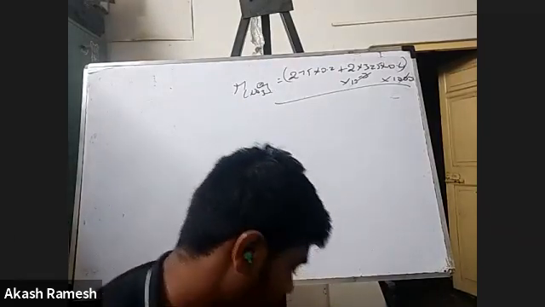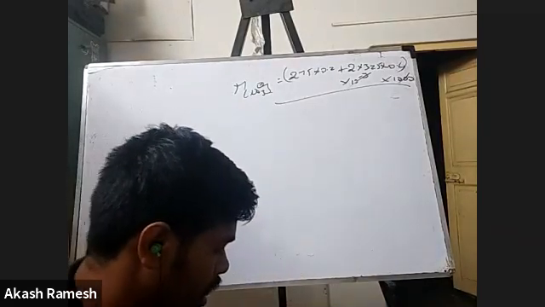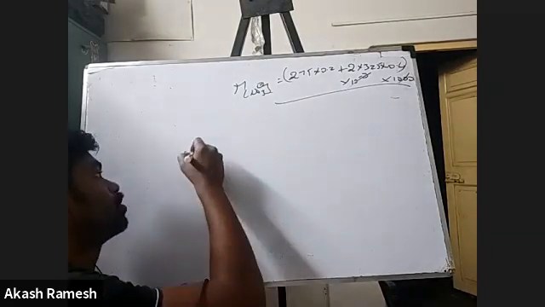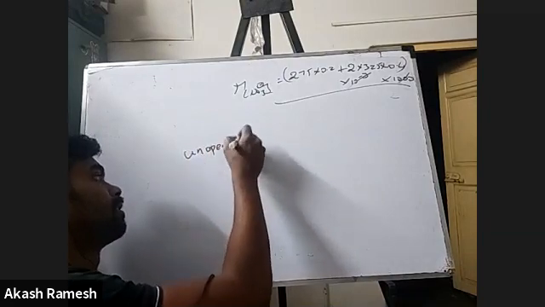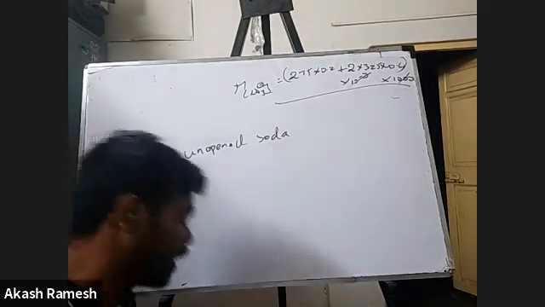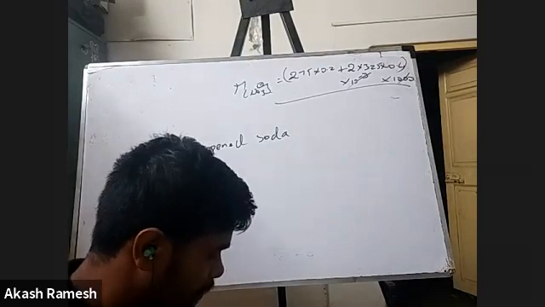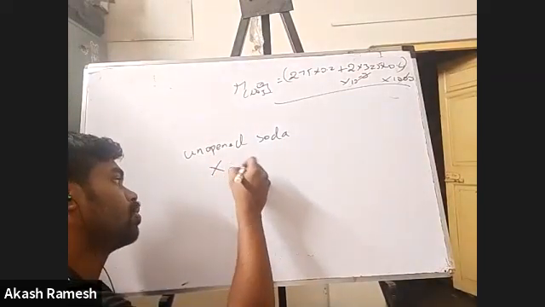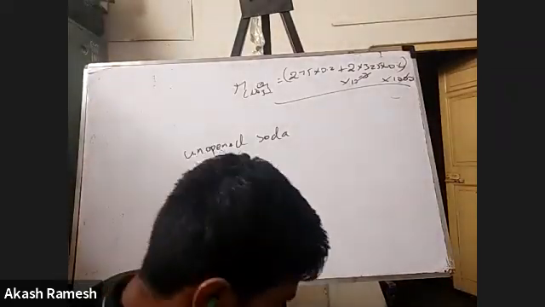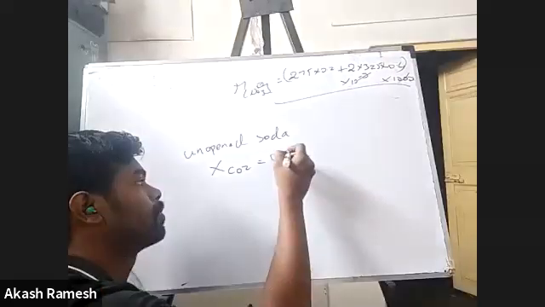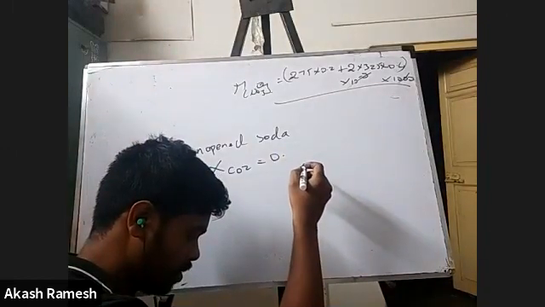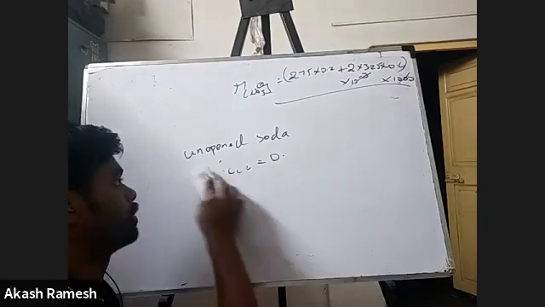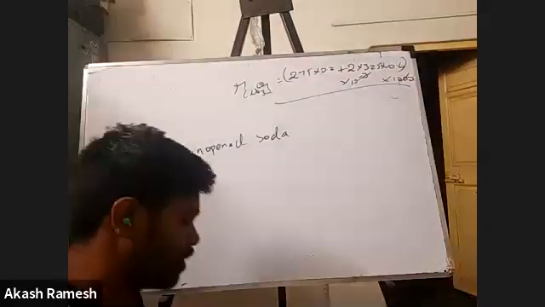This is going to be a formula substitution, but still we just do it. I have an unopened soda. Now they are telling the mole fraction of CO2 in this unopened soda is... Oh, it's not mole fraction. It is given in terms of concentration, molality.